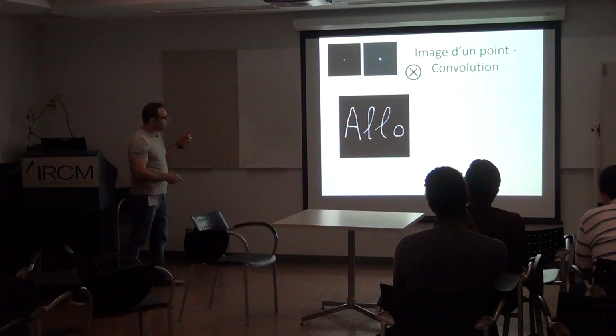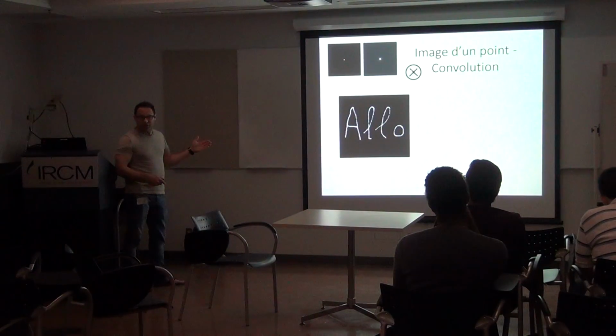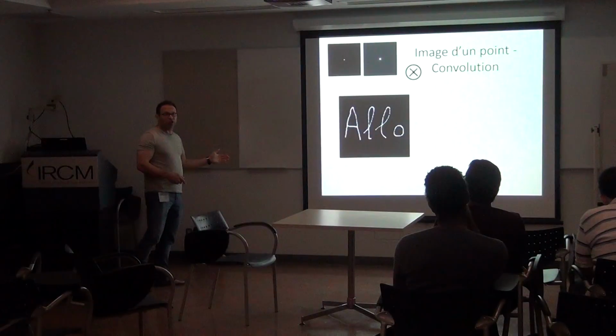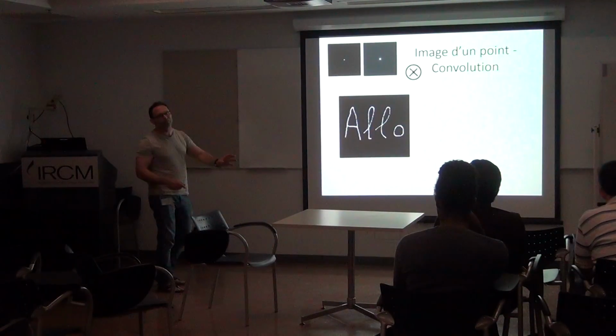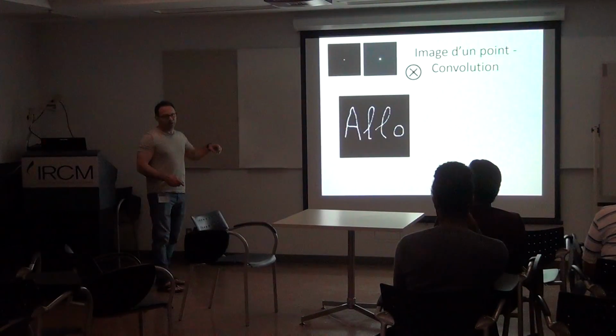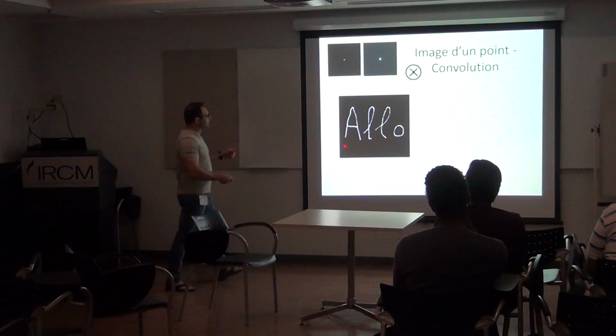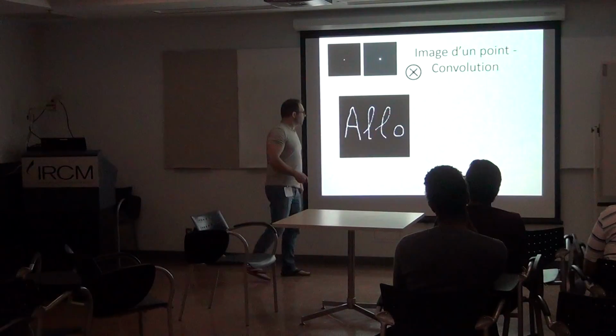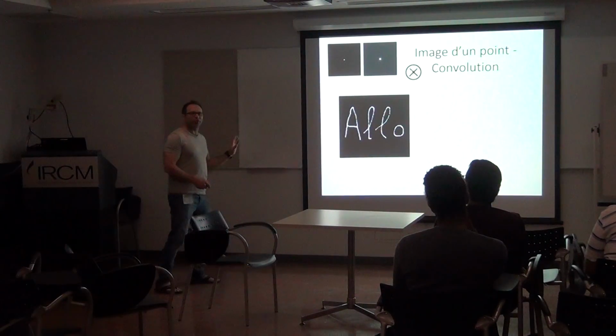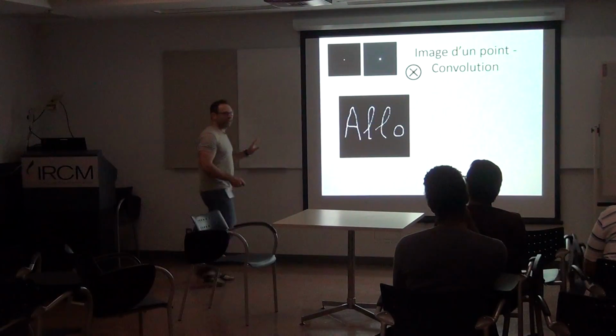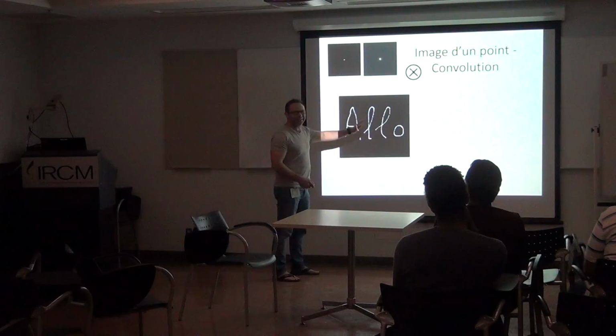And in imaging, when you produce an image, you always convolve something in order to see the thing. So let's say, well, with the halo here, which is the French part of hello. So in English, it's H-E-L-L-O.